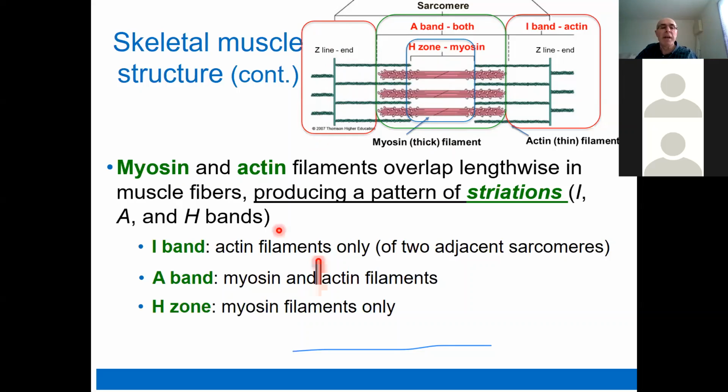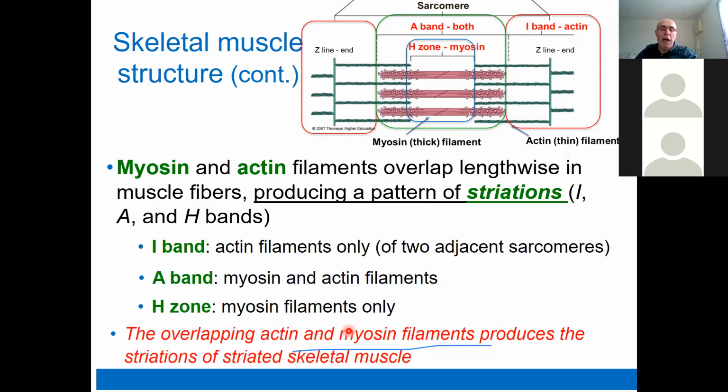A band, as you see here, both myosin and actin. I band only actin, okay. As I said, the overlapping actin and myosin filaments produce the striation of striated skeletal muscles, okay? This is the reason why striated muscles look striated, okay?